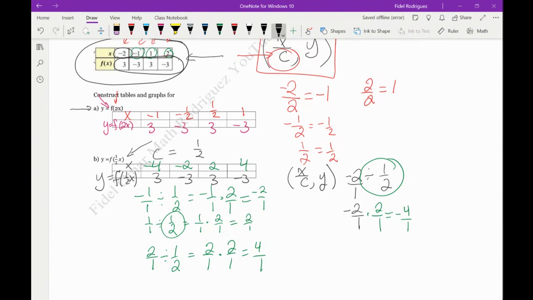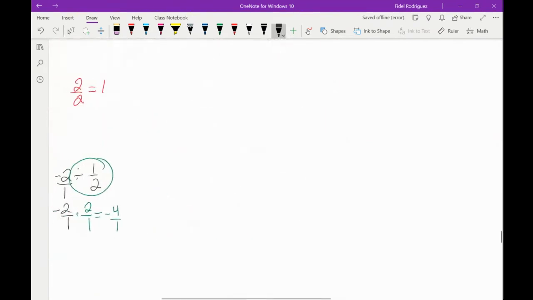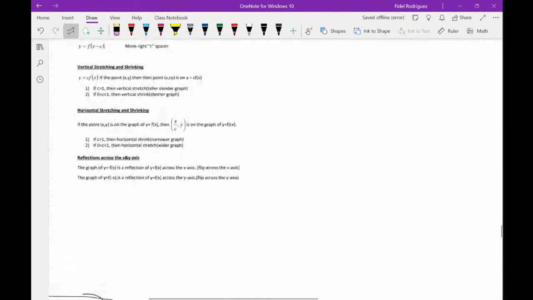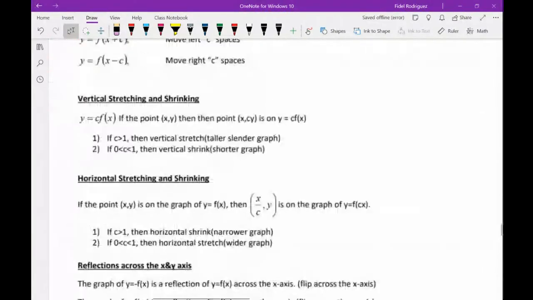So the question is, how do I know how I'm going to change my x or my y? Again, if it's inside the parentheses, you're changing the x values. If it's outside of the parentheses, you're changing the y values, right? And then all you got to figure out is how do I change them? Oh, let's see. I think I lost it. Let me come back over here. Here we go.